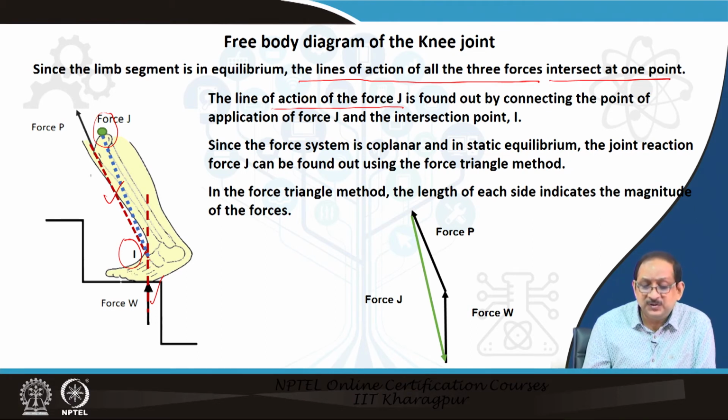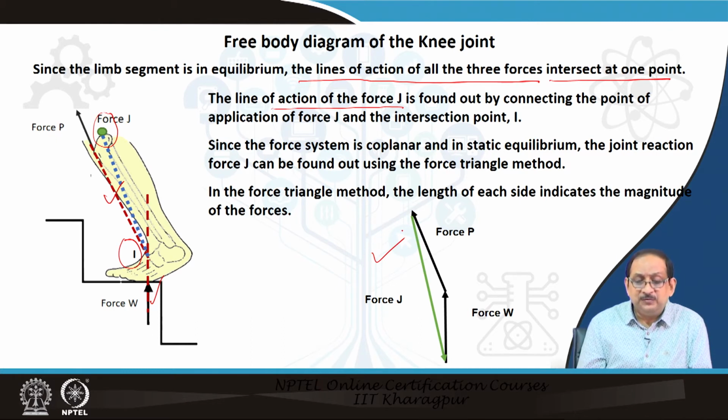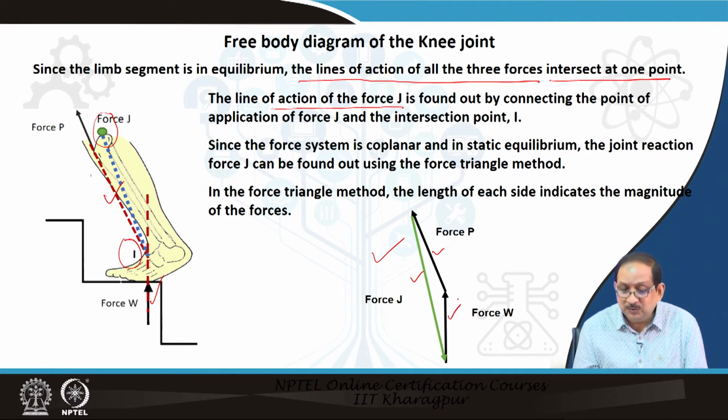Since the force system is coplanar and in static equilibrium, the joint reaction force J can be found using the force triangle as indicated in the figure. In the force triangle method, the length of each side indicates the magnitude of the forces.